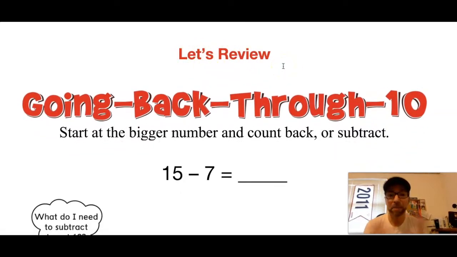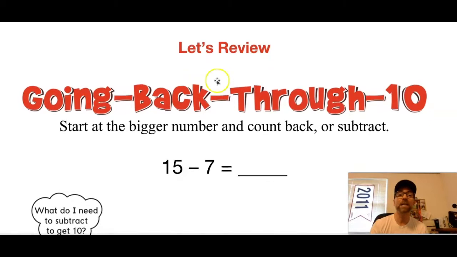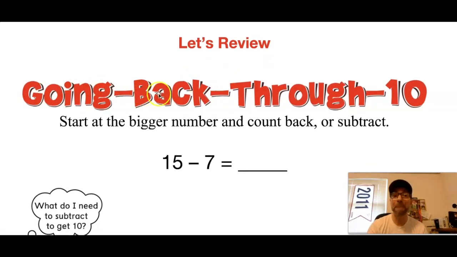You might remember in the previous lesson, we learned the going back through 10 strategy. The going back through 10 strategy involved us starting at the bigger number and counting back, or subtracting, and we wanted to stop at 10.